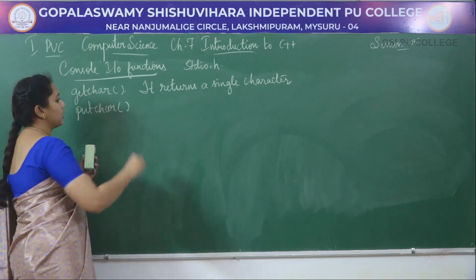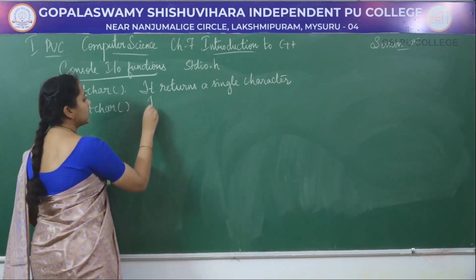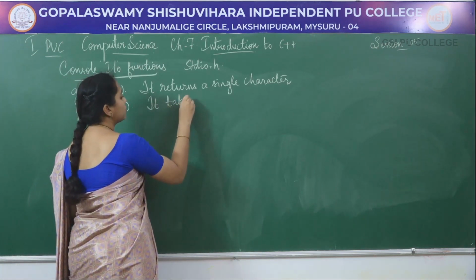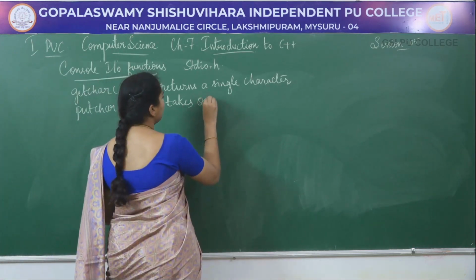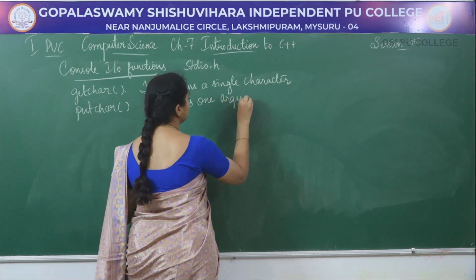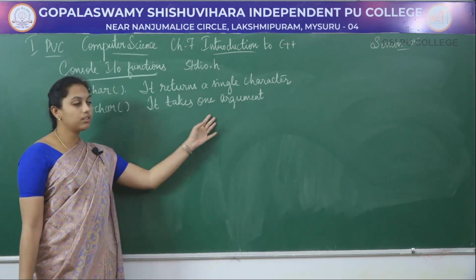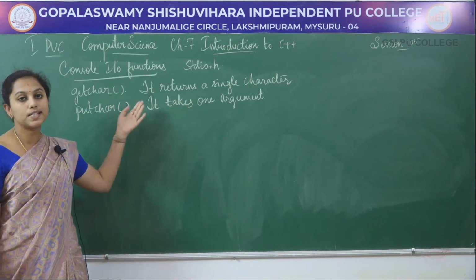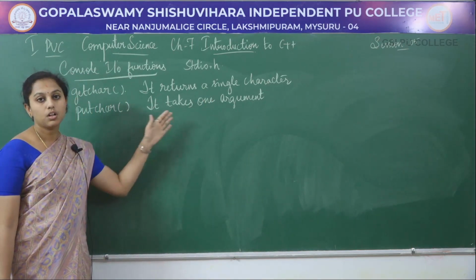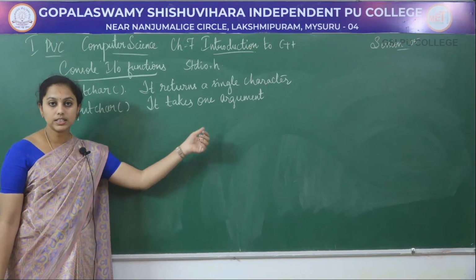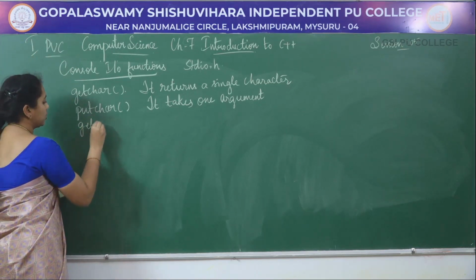Next is putchar function. The putchar function takes one argument, which is a character to be sent to the output device, and it is displayed on the display screen as the output. Next is gets function.